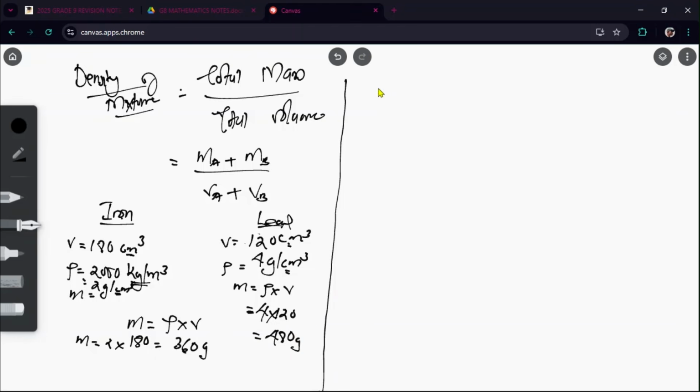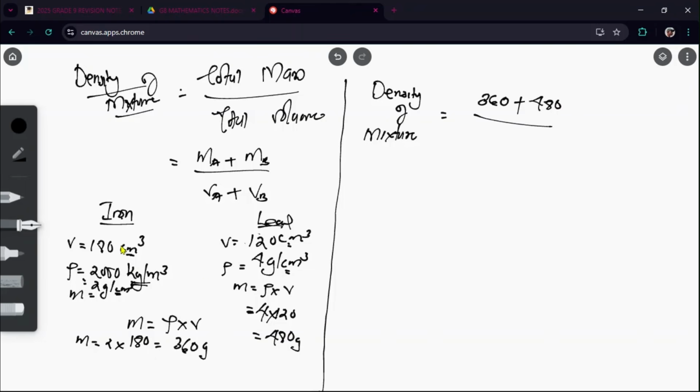So the density of the mixture here is the same as I take the total mass. So mass of the iron, mass is 360 of iron. I'll say 360 plus 480. I take 480 of that.